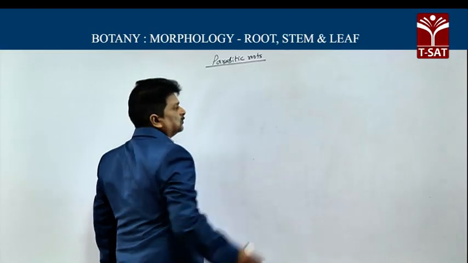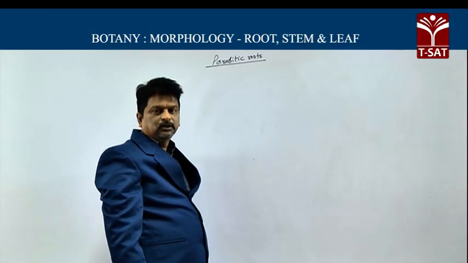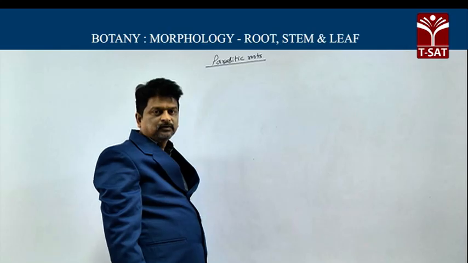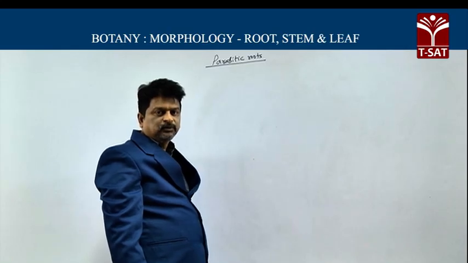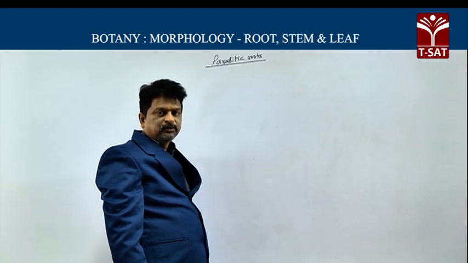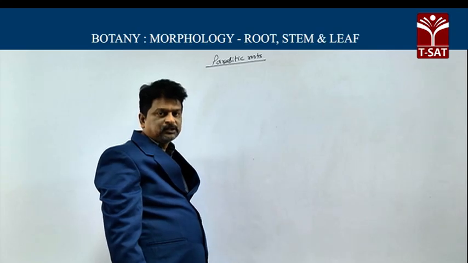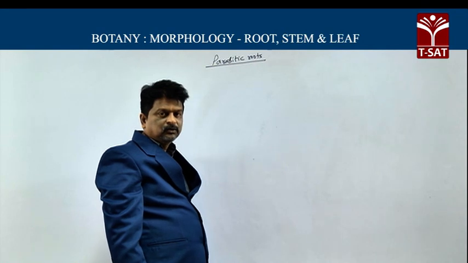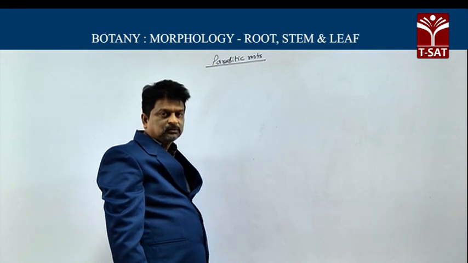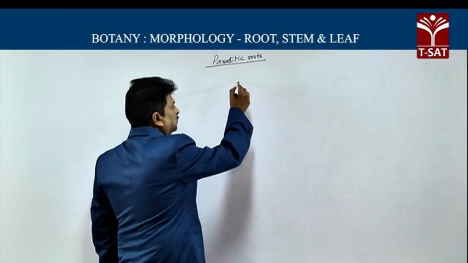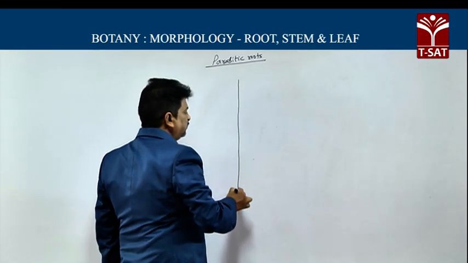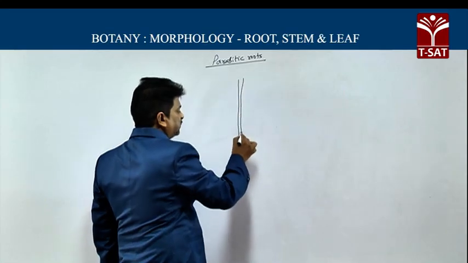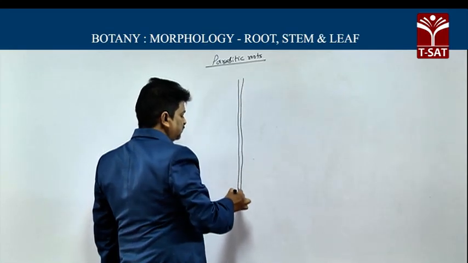Parasites means parasitic plants. Plants that depend on other plants for food, water, minerals, even sometimes shelter, are called parasites. And the plant which provides all these things to that parasite is called the host. Then a parasitic plant produces modified adventitious roots.